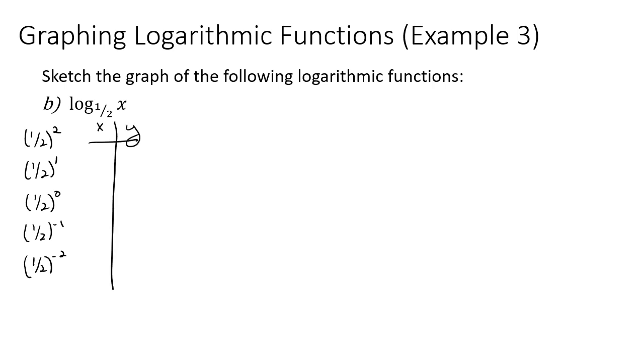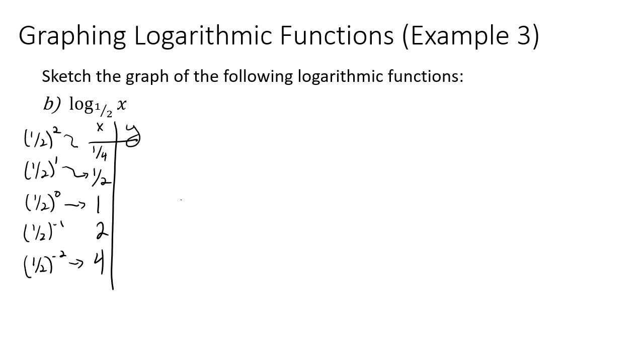And so the x values that these correspond to: 1/2 to the 2nd would be 1/4, 1/2 to the 1st would be 1/2, to the 0th would be 1, 1/2 to the -1st would be 2 to the 1st power, and 1/2 to the -2nd would be 2 squared, or 4.